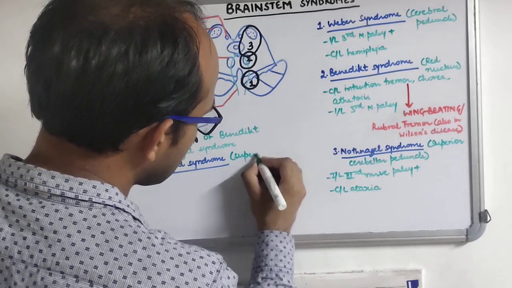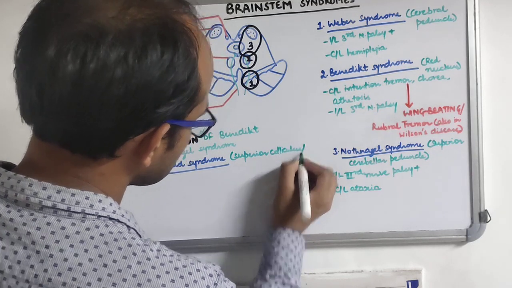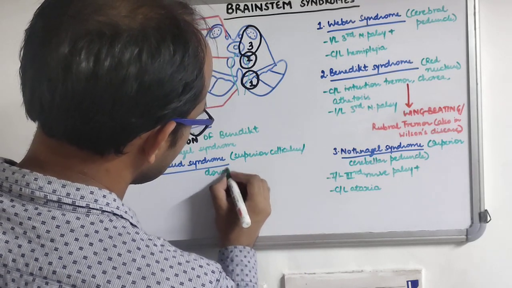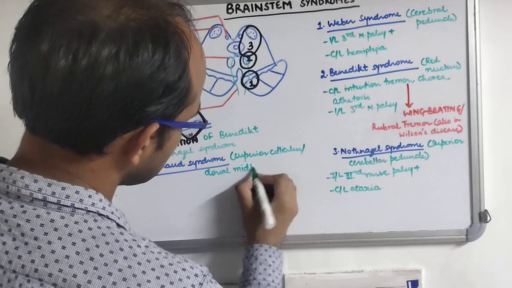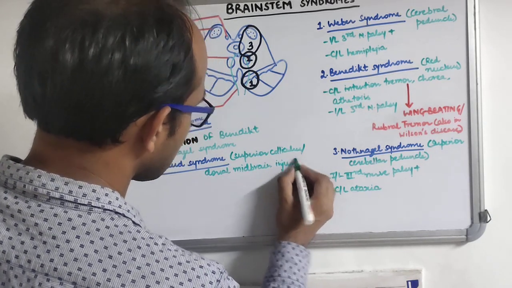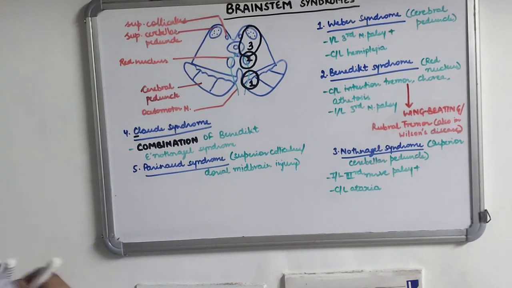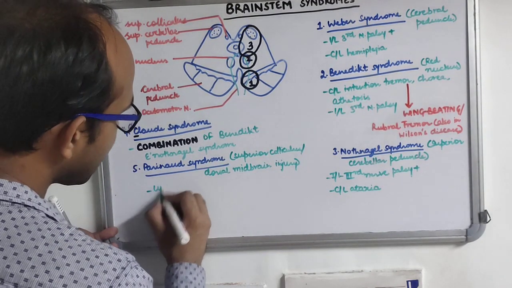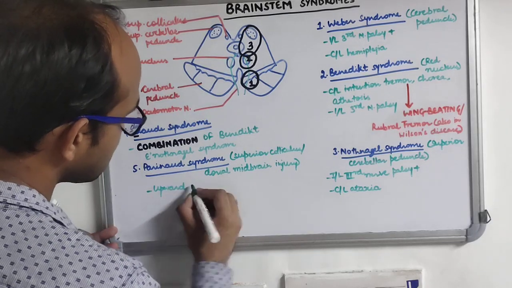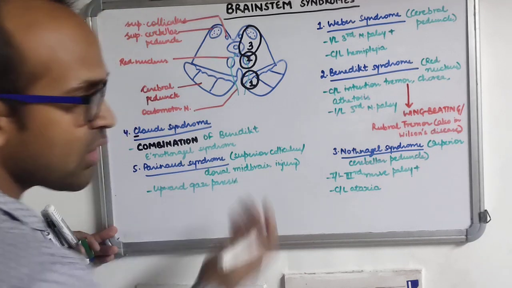When superior colliculus or dorsal midbrain injury occurs, what would be the effects? It will result in upward gaze paresis. There is a difficulty in upward gaze.